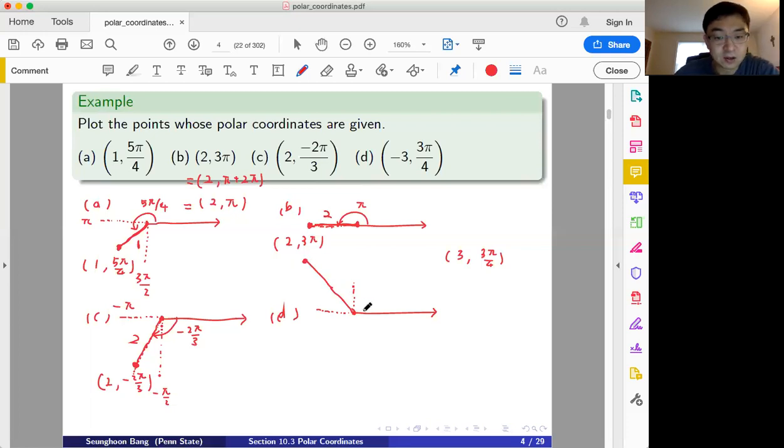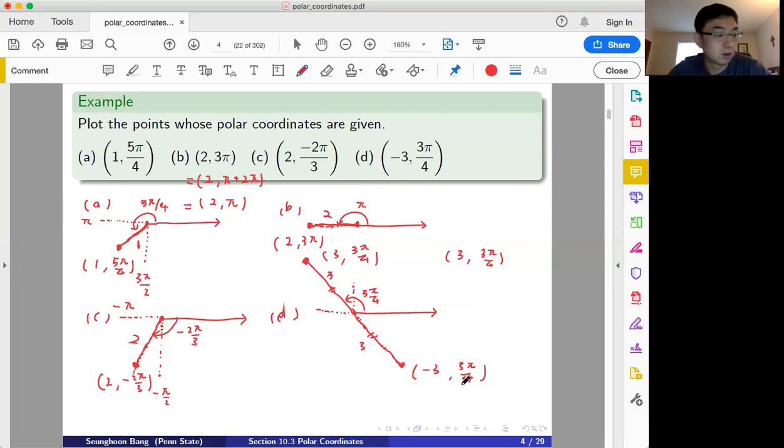So this angle is exactly 3 pi over 4, and the length is 3. Next, you have to reflect this point about the pole. Only reflect. This length is the same as this one, 3. So this is (3, negative 3 pi over 4). This is the exact answer to these questions.